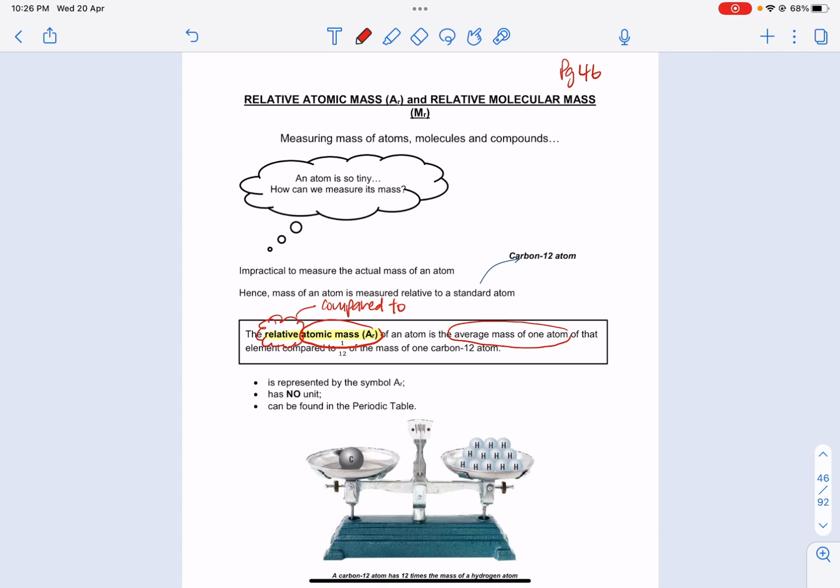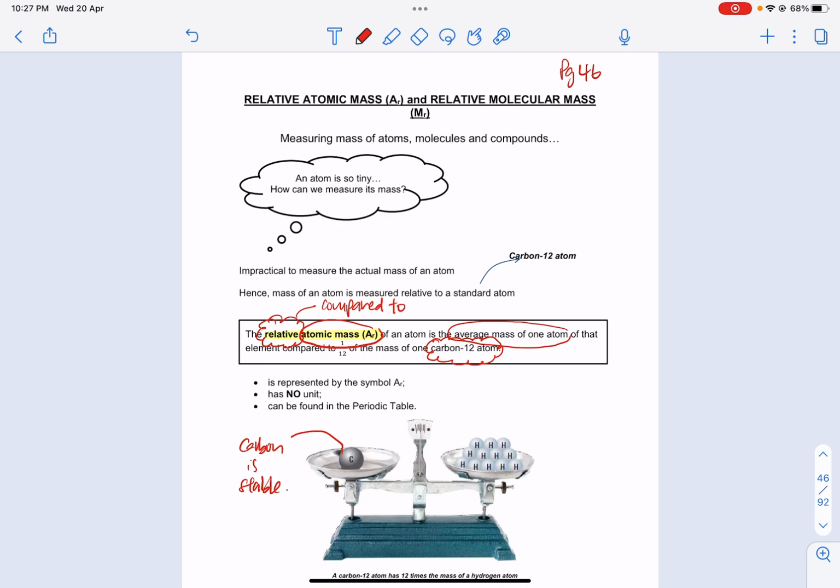In this case, we compare it to a carbon 12 atom. You can look at the scale over here. The atoms are all compared to a carbon atom. Why choose carbon? Why not other elements? Because carbon is stable. This is something that you need to know.